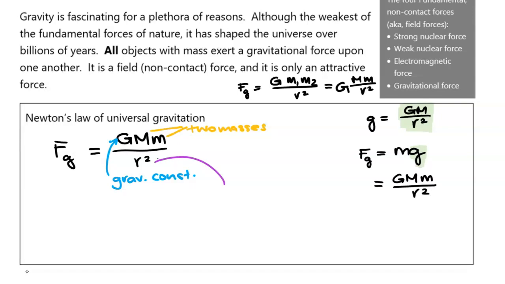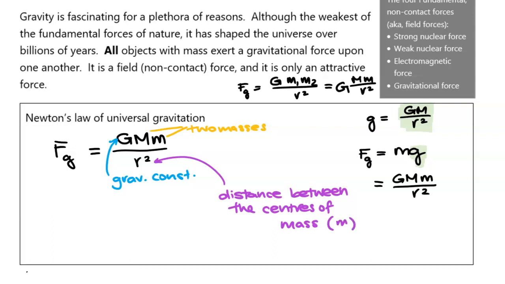Now, remember, that value of r, that was the distance, but we have to be more specific. It's going to be the distance between the centers of mass, and that's going to be in meters. Our masses need to be in kilograms, and our gravitational constant, we talked about in our last lesson, having interesting units there.